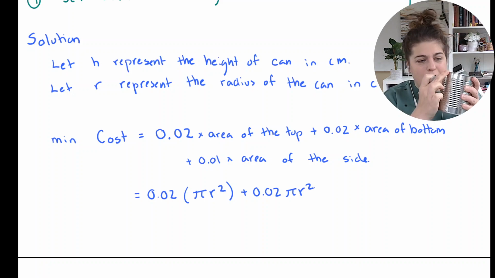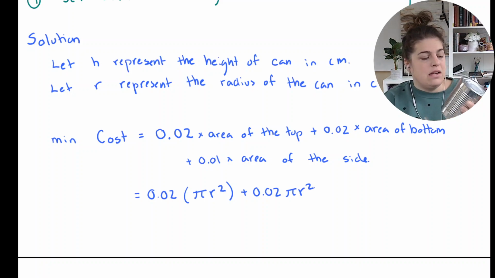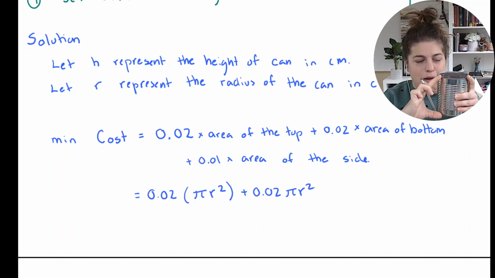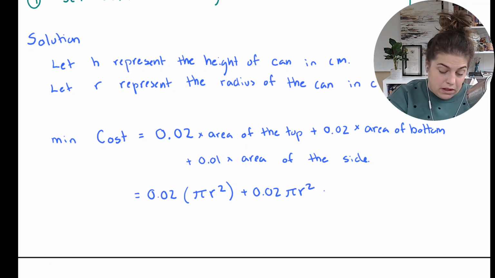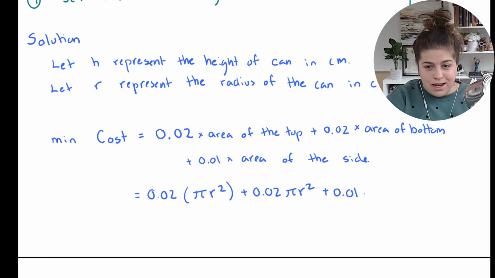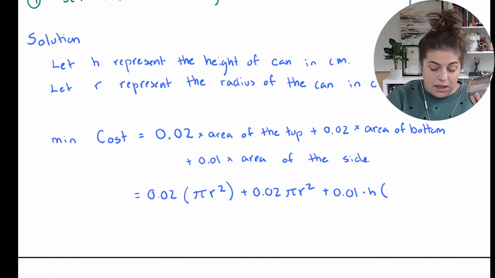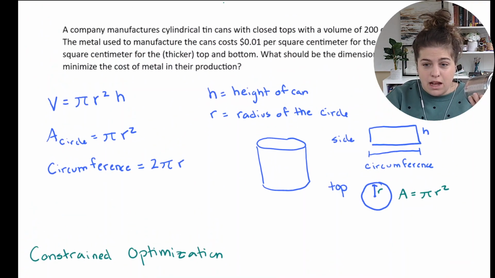And then for our rectangle, right? Again, the height is just the height of our can, no problem. But the length of this rectangle is the circumference of the circle. So it's going to be that 1 cent times that height. And then for our length is going to be the circumference of our circle there.